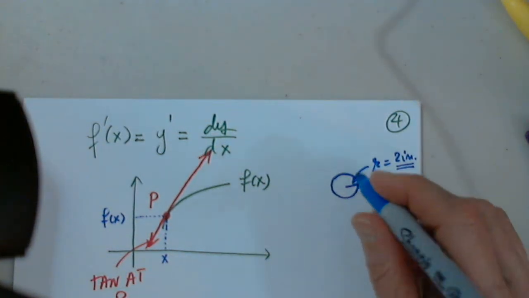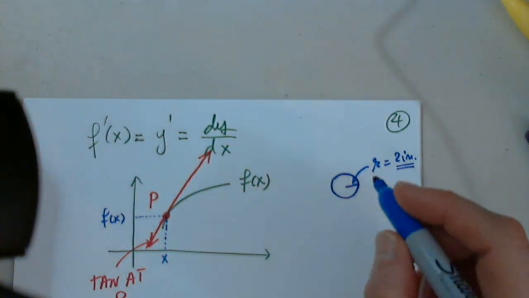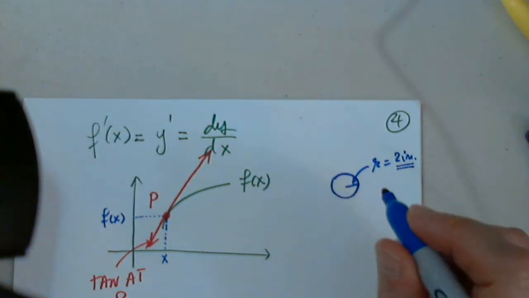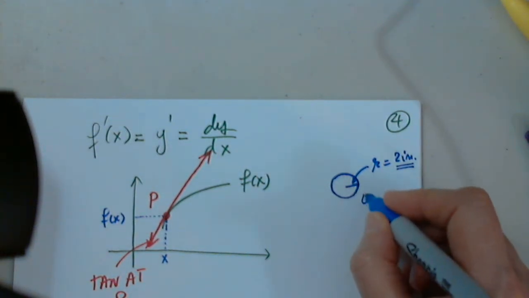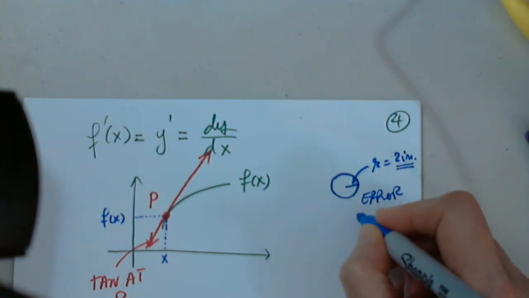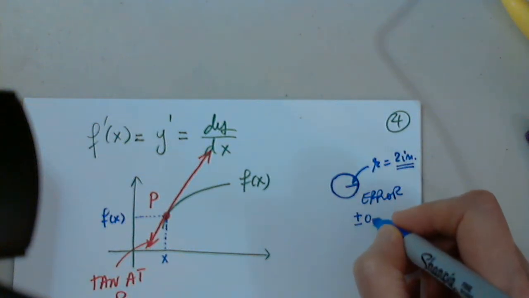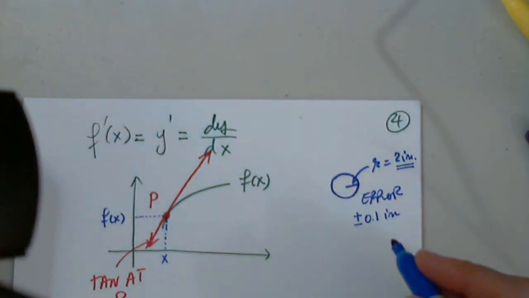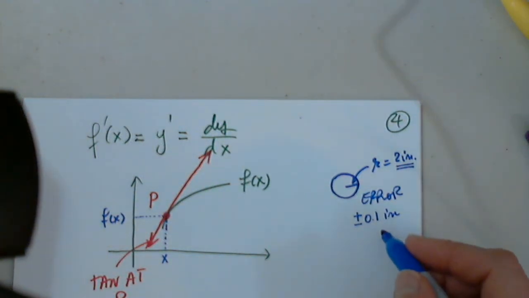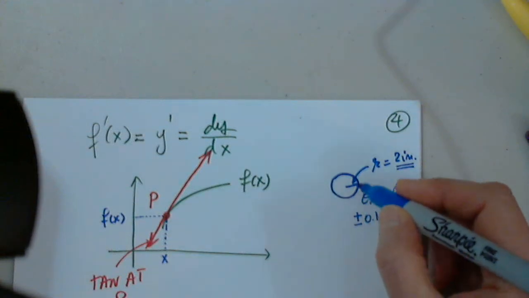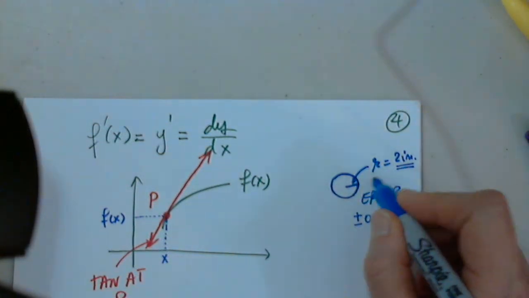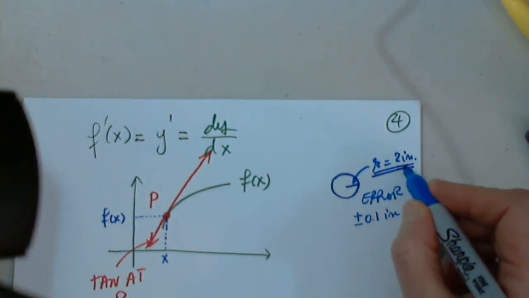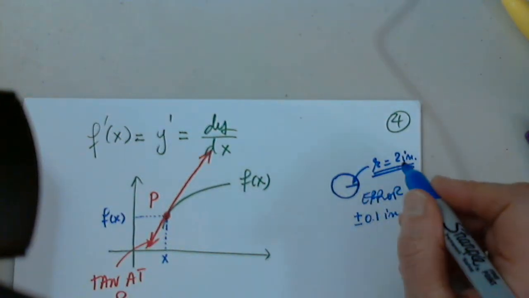But somehow the machine that cuts it has an error. Let's say it makes those disks with an error of plus or minus, let's say, a tiny error of 0.1 inch. But there is a problem, right? We're not able to manufacture these disks with exactly a 2 inch radius.